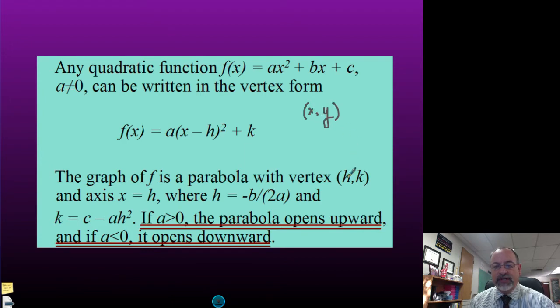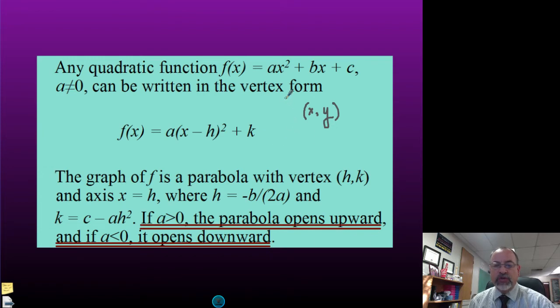That's why we have h here. And we use k instead of y for this value here. So the ordered pair (h, k) is actually the x and y coordinate of the vertex. You can see, while it's in vertex form, it's very easy to know where the vertex is because I have the x-coordinate here and the y-coordinate here, which simply correspond to the horizontal shift and the vertical shift.